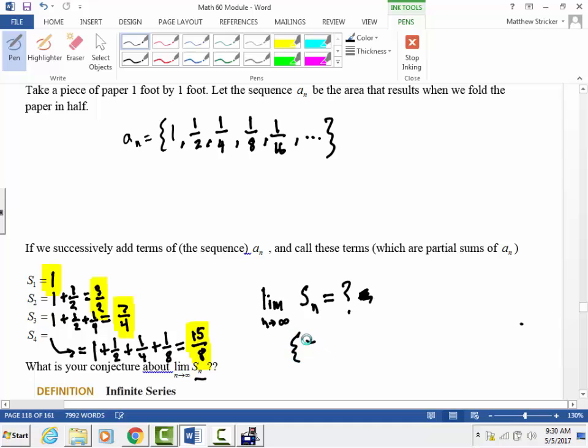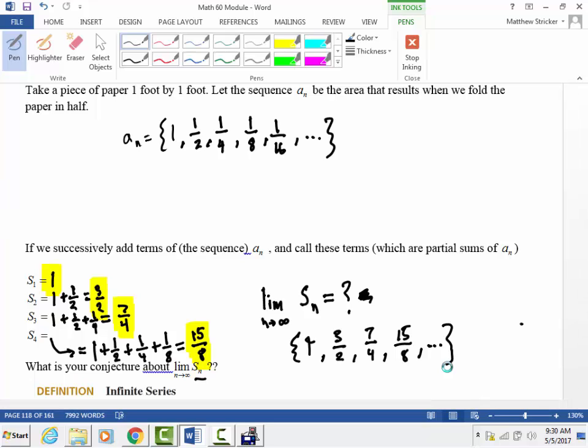Are these values 1, 3/2, 7/4, and 15/8 still approaching it? Are these values, the partial sums, approaching some value?